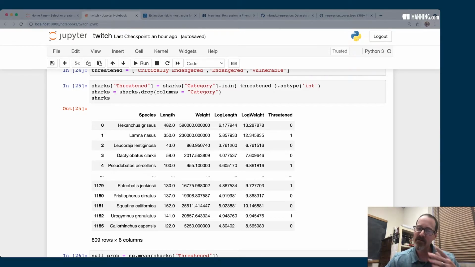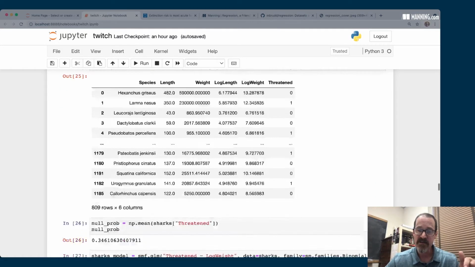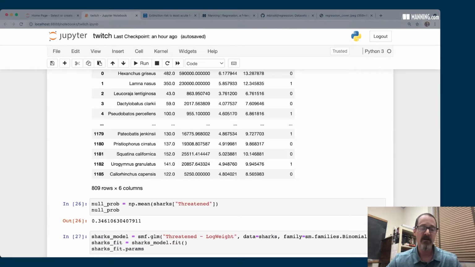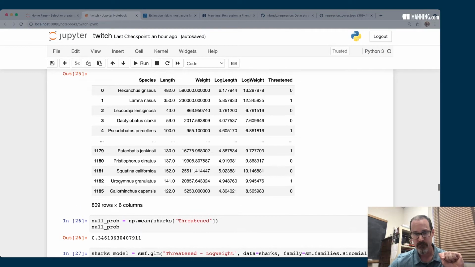All right, so what we're still doing is comparing a null model to a statistical model. The null model in this case is the same as before, really. The null model takes the average of that threatened category and uses that for all future predictions, right? Now, in this case, the average of threatened is the empirical probability of being threatened.